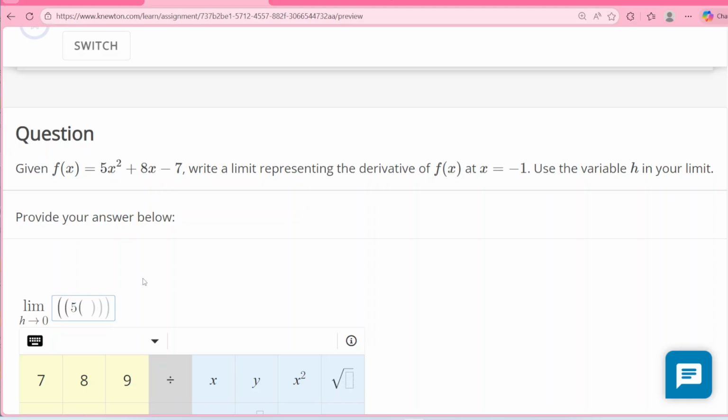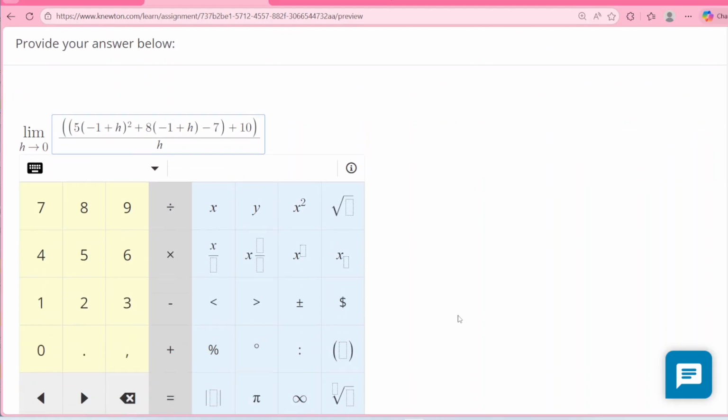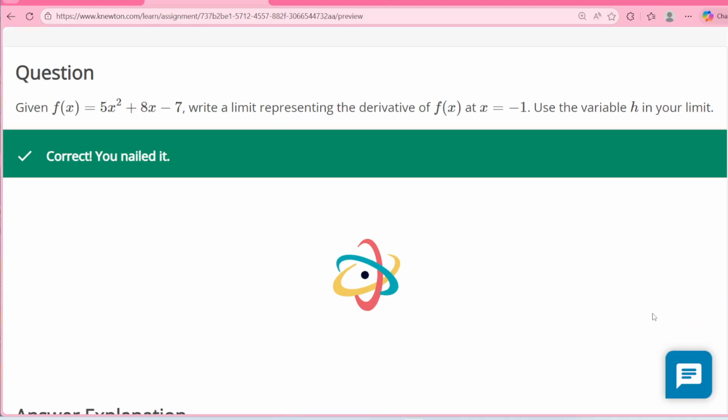So I have 5 times the quantity -1 plus h squared, plus 8 times the quantity -1 plus h, and then minus 7, close that set, and then plus 10. That was minus negative 10. So that's all in the numerator divided by h. So there's f at negative 1 plus h minus f at negative 1, all divided by h. That is what they're asking you to put in.